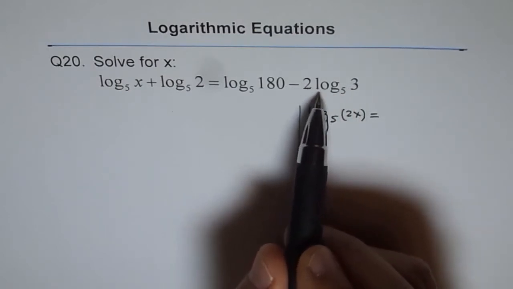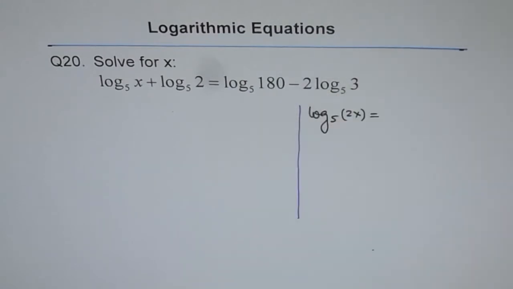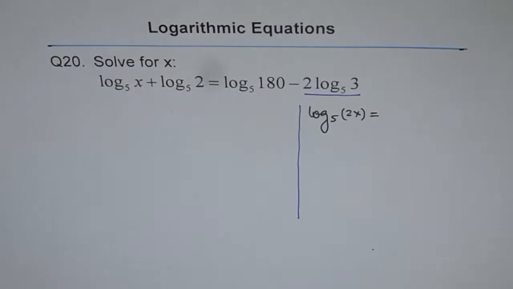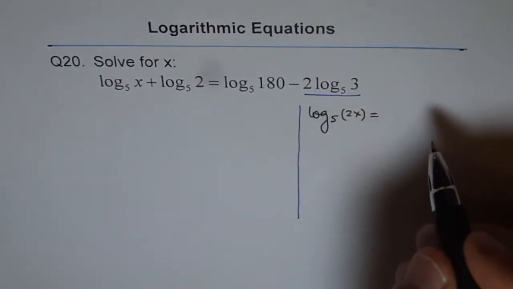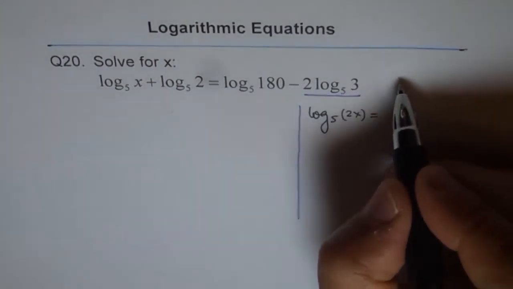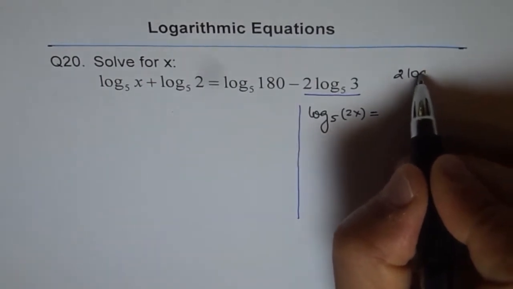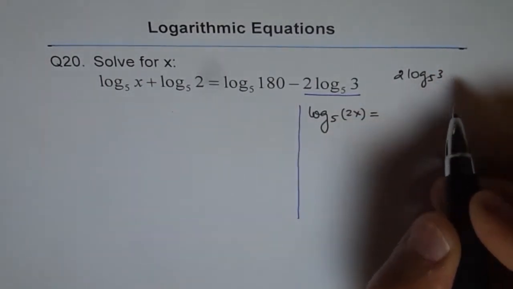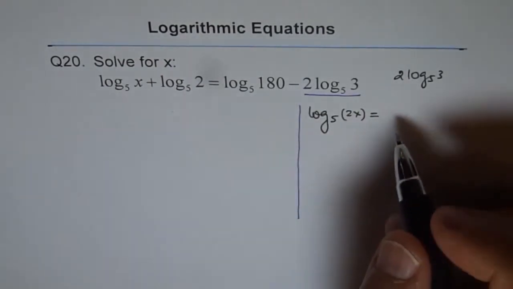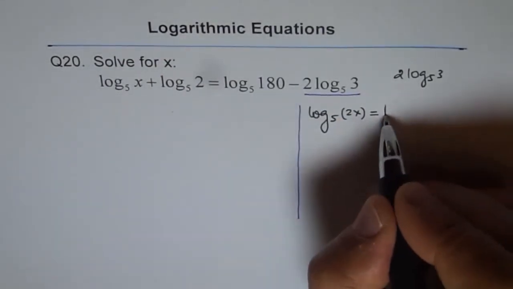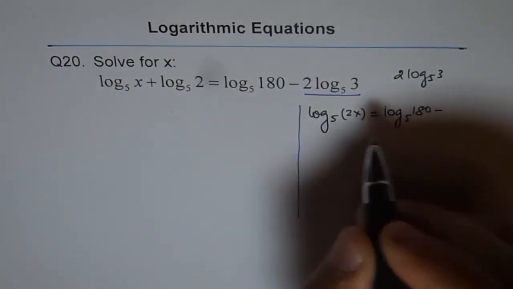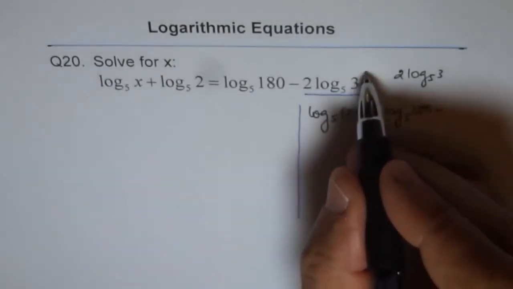That is as good as log, so let me write it here. 2 log 5 of 3, we can combine later. First we'll write log 5 of 180 minus, so it is 3 to the power of 2, right?